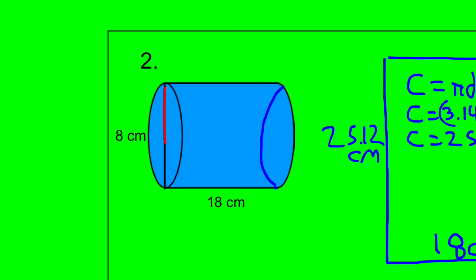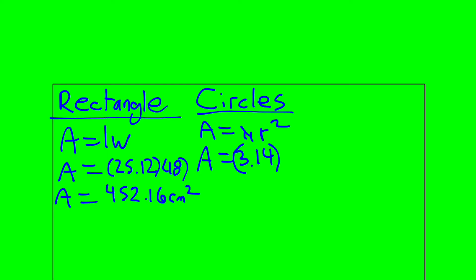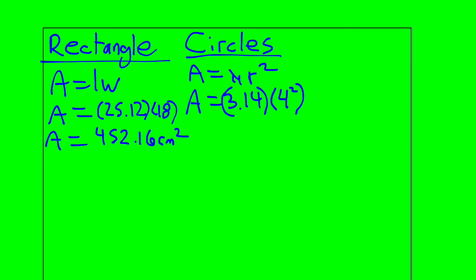Half of that is the radius. So the radius is going to be 4 centimeters. So we've got to do 3.14 multiplied by the radius 4 squared. We did this question yesterday. Area equals 3.14. The radius squared is 16. And when I work that out, I get 3.14 times 16, and that is 50.24.